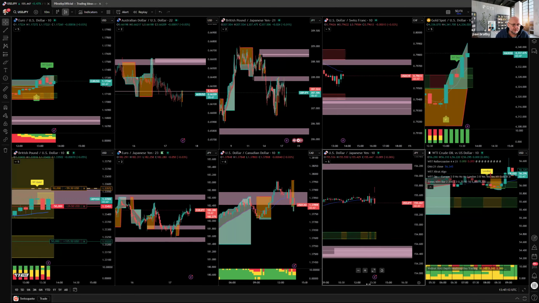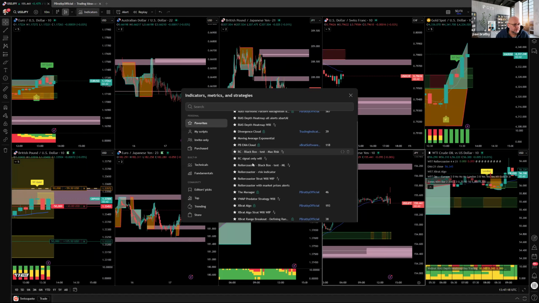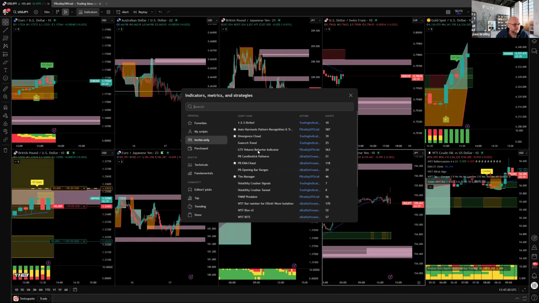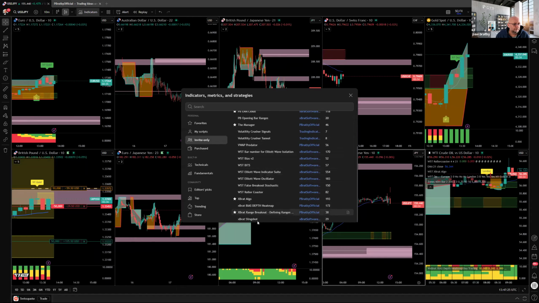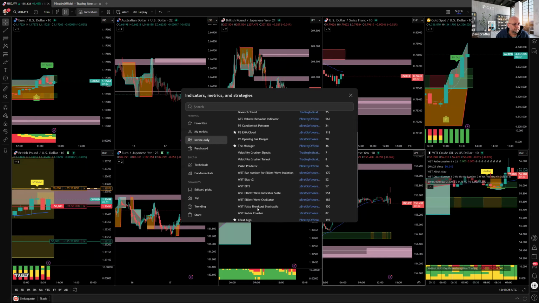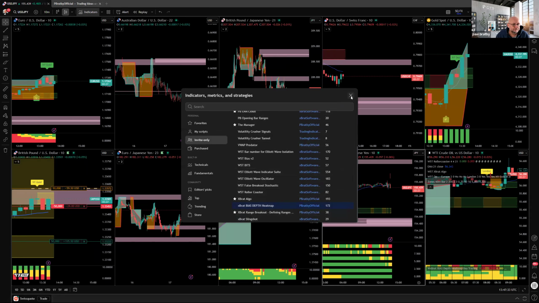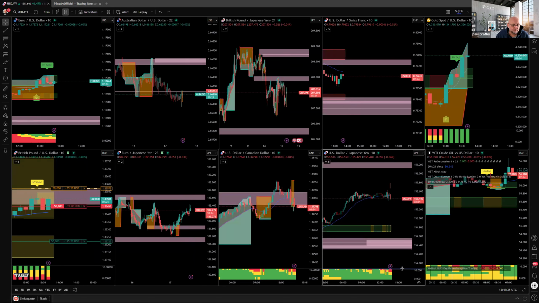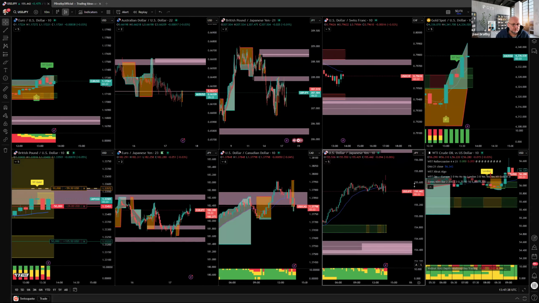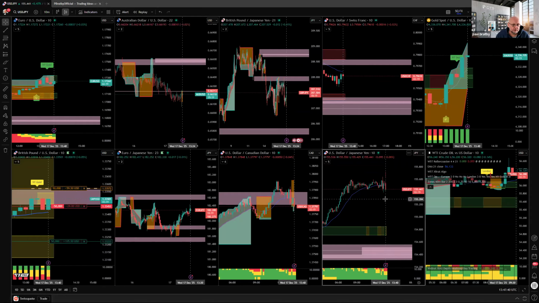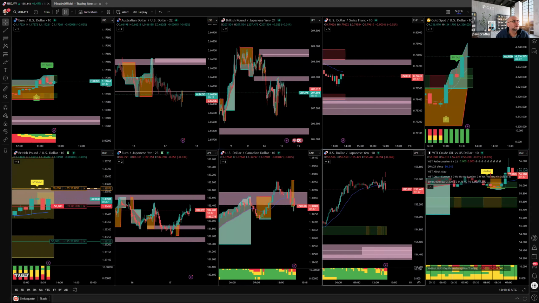US dollar, Japanese yen. I haven't put a buy step heat map on there yet. I can find it. There it is. Just see the start of a roller coaster forming here. It's pretty neutral on the app. Nothing going off there.